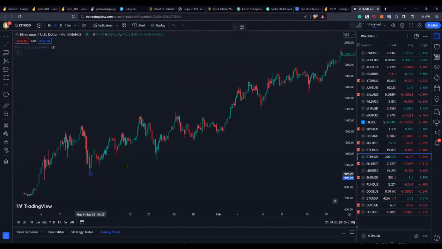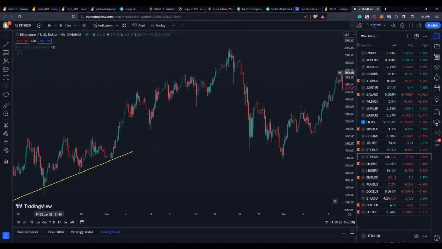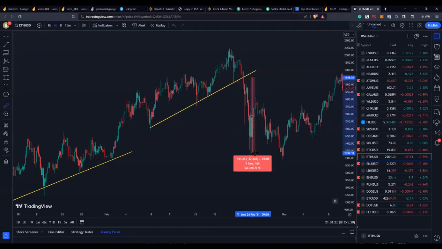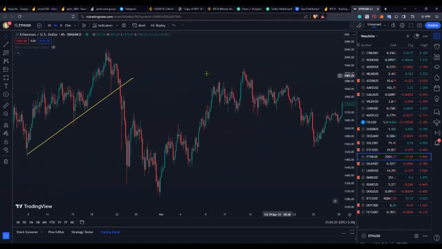That's a trend line right around here: point A, B, C, D. Then again we have a trend line right around here: point A, B, C, D, and then there is a break of the trend line. The market went below the trend line. Then you can see the panic in the market, right? The market went down by 27%. That's a good percentage.